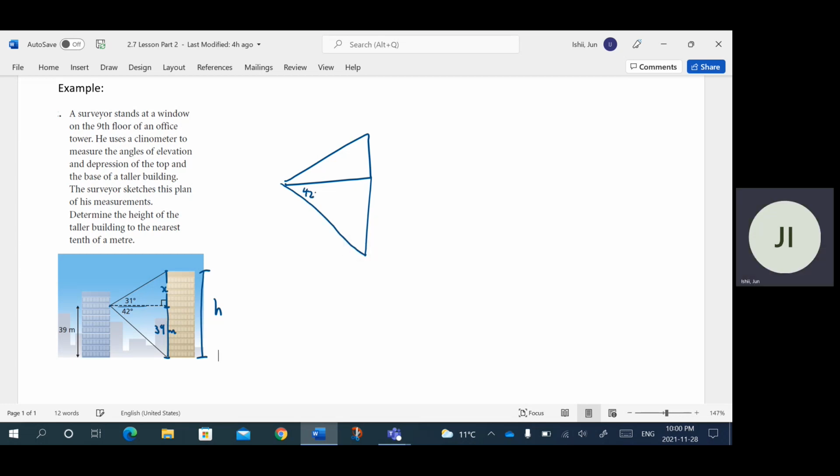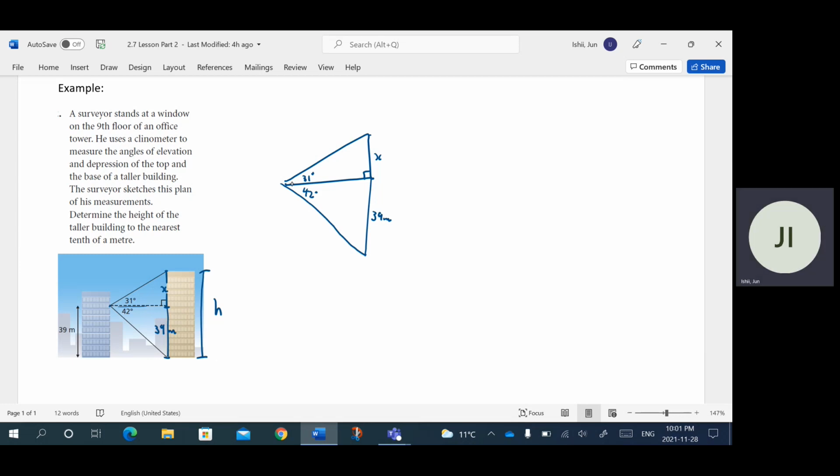This is 42 degrees, this is 31 degrees, and we know that this has a length of 39 meters. Eventually I want to find out what this length x is, from here to here, and if I add x to 39, that should give us the height of the taller building.